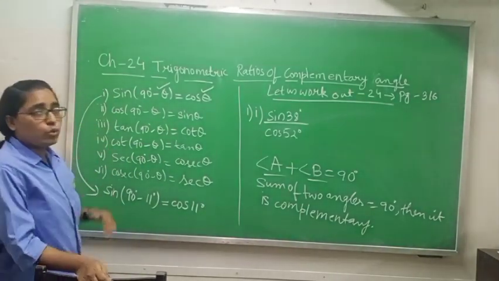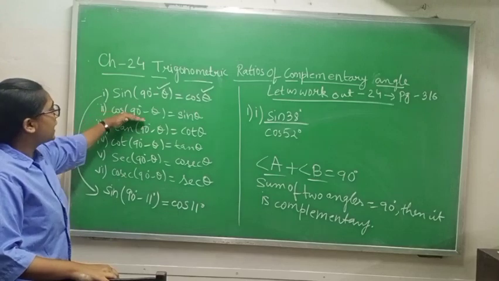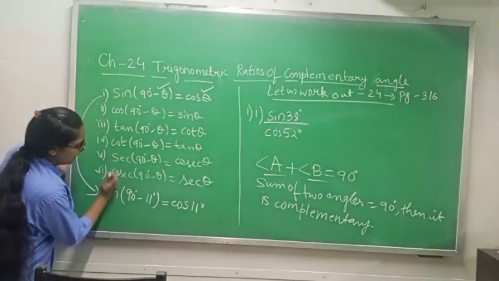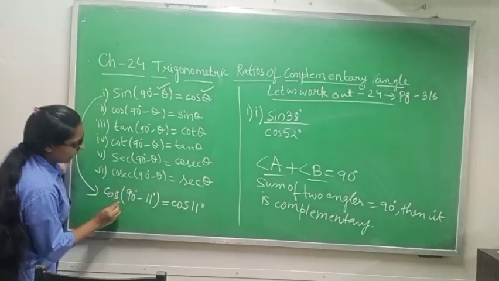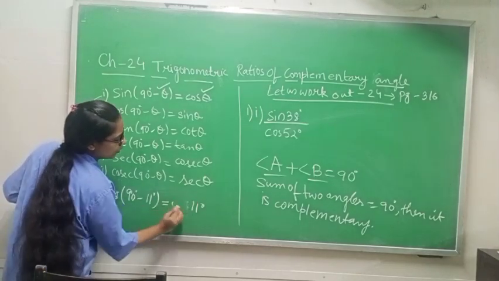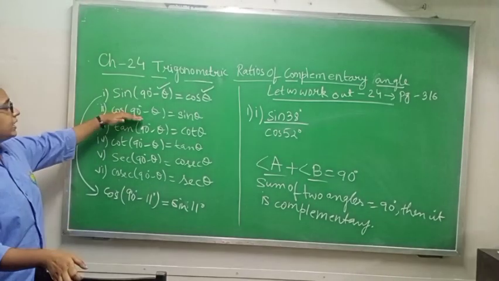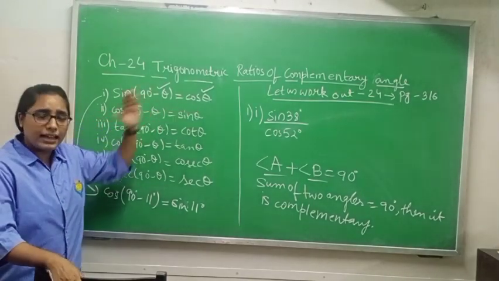Same thing we will do in the second one also. Cos 90 degree minus theta. If it is given cos 90 degree minus theta, then how much will you get? Sine theta. So cos 90 degree minus theta equals sine theta.